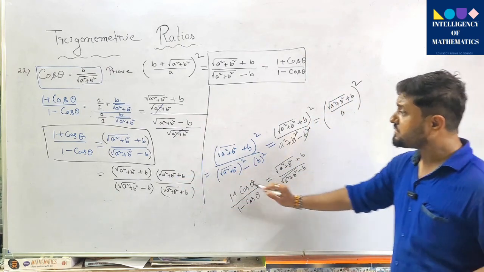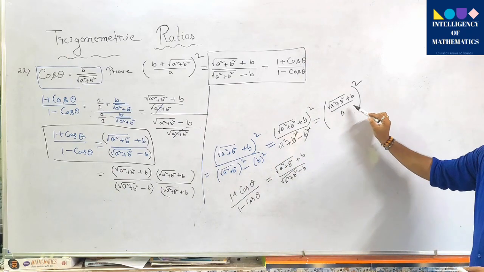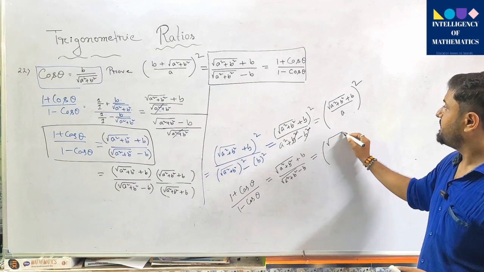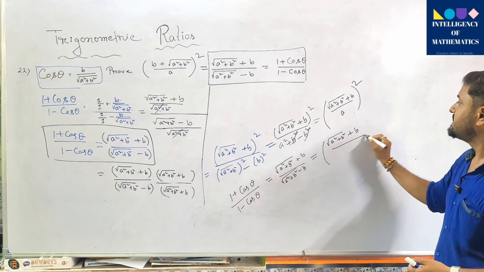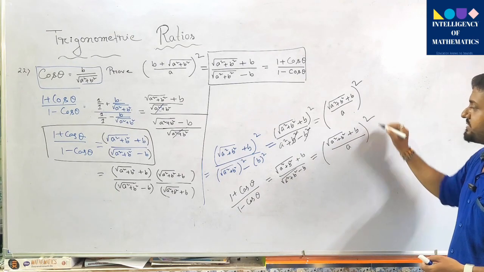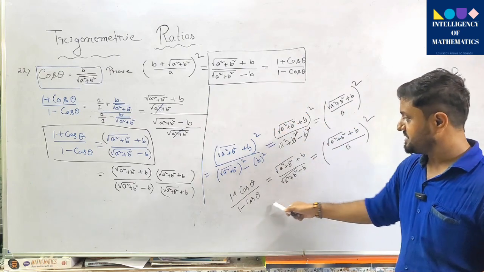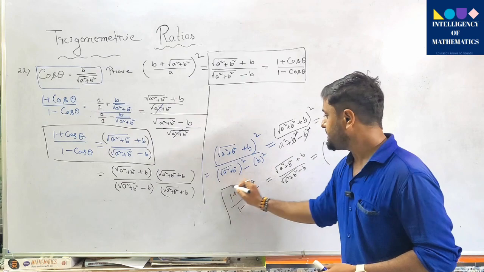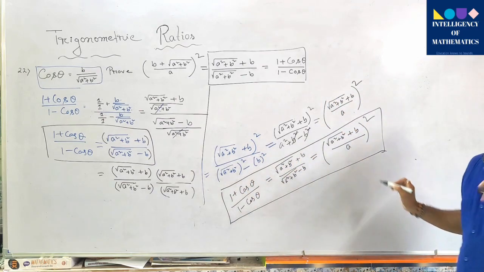From the next, this quantity we have split, and again we came to this step. So we got this equals a bracket, inside this by a, and the total thing whole squared. Check, we got the proof which you need. This one equals this, and this one again equals this. So finally we reached the desired proof which was asked.